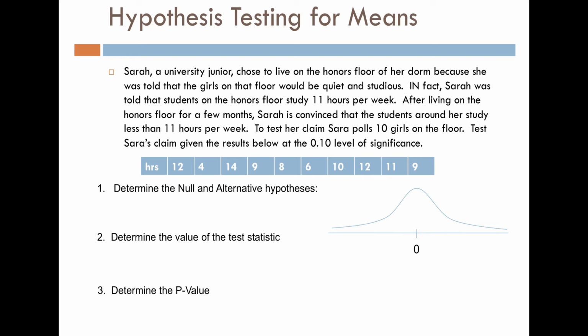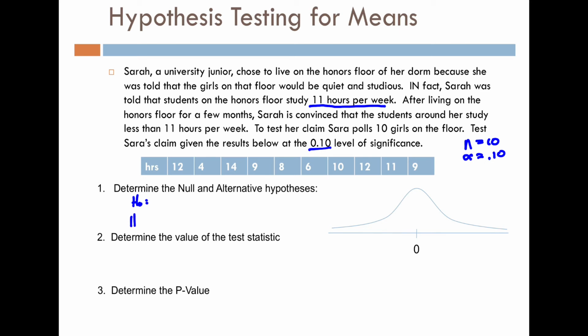Okay, so we've got 10 responses here. That's all we have. So I know my sample size is 10. I know the level of significance, alpha, is 0.10, so 10%. And we know the number in dispute here is 11 hours per week.